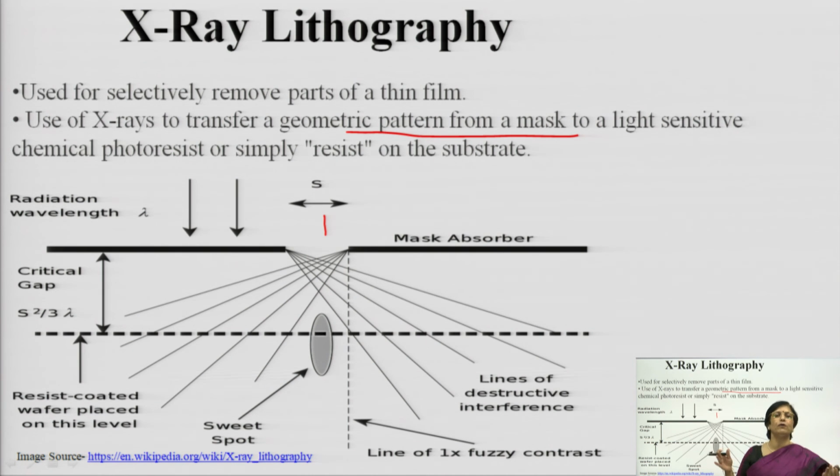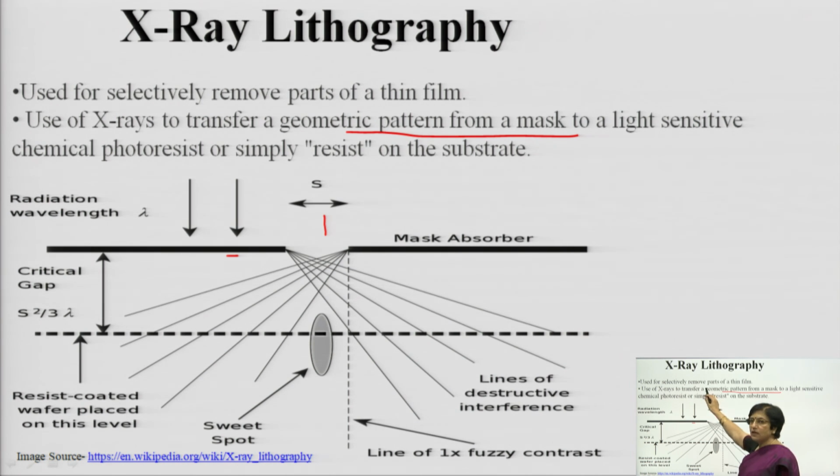As you go away from the source, there will be a slight change in the pattern transfer, and therefore you have to take utmost precaution while doing so. That precaution is taken care of when you are using a mask. So masks are modified accordingly, and it is ensured that the pattern transfer happens accurately.